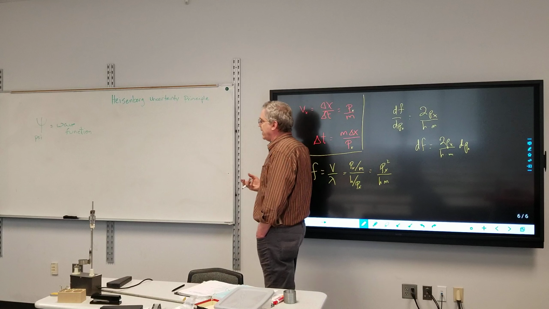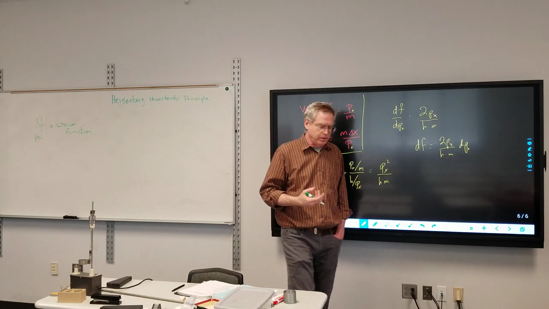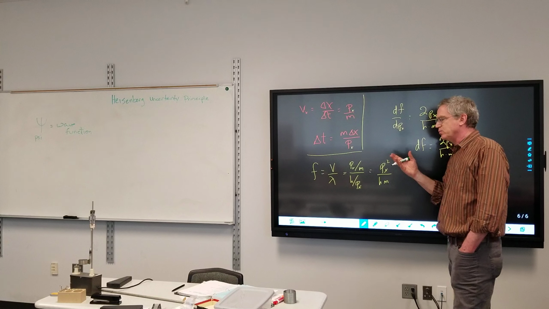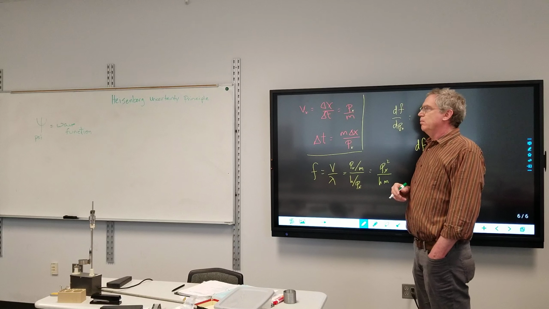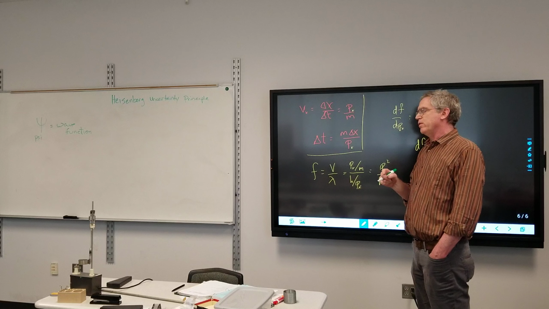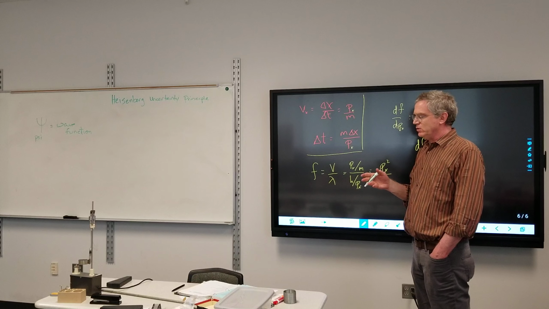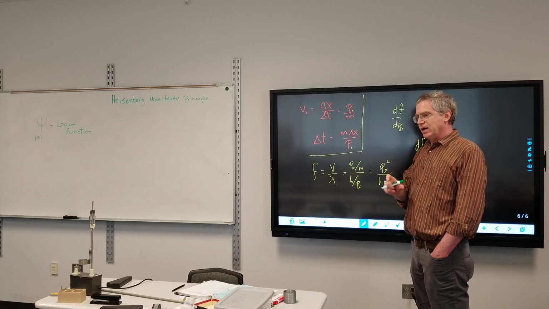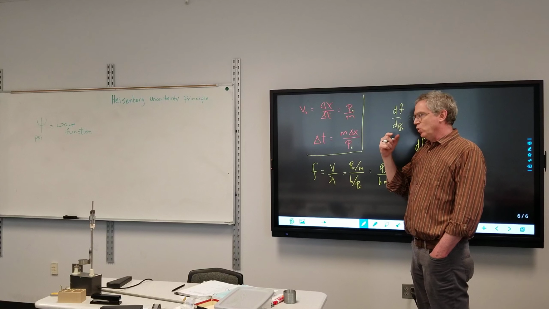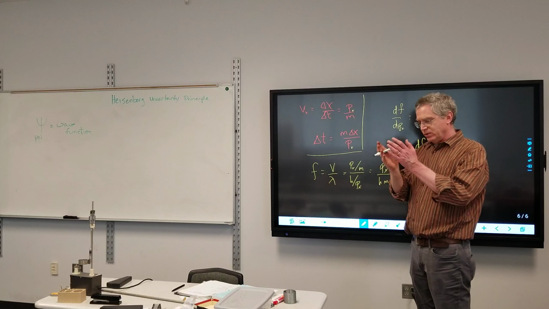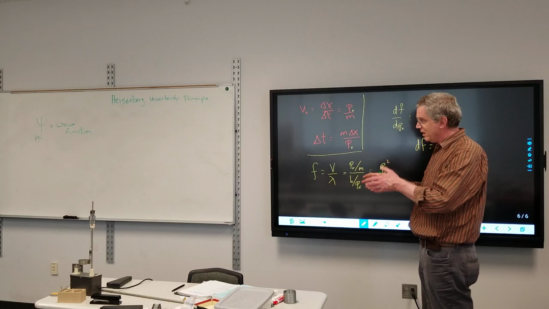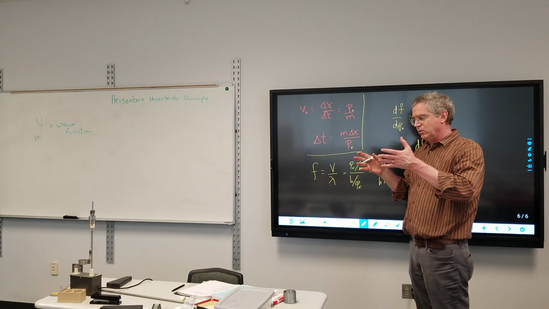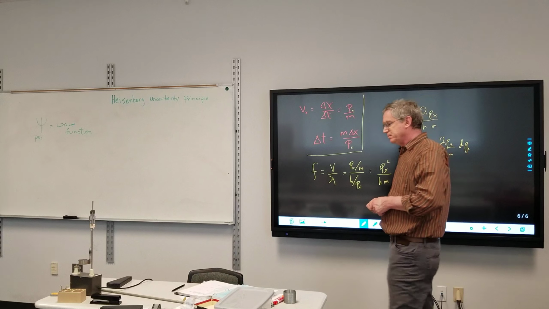You have a cat in a box with a possible lethal gas released, but you don't know. So until you know whether the gas has been released or not, you have to treat the cat like it's alive and dead at the same time. And it's not until you observe it that you collapse the wave function to a single entity. It's either alive or it's dead. So the wave function is basically covering all the bases until you actually can narrow it down.